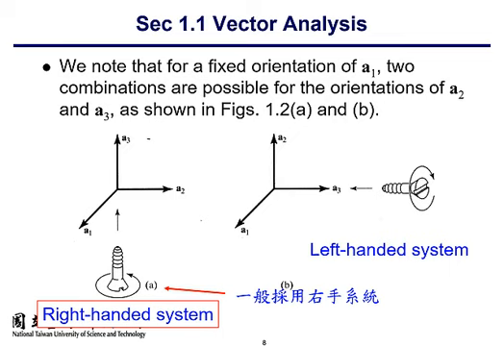So that's the left-handed system. Okay, so forget about the left-handed systems. We always adopt the right-handed system in electromagnetics and in most engineering courses, I guess. So usually you use the right-hand system to do the cross product.